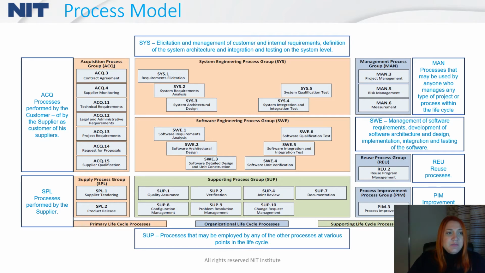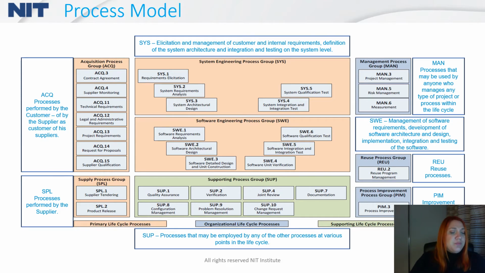In the management process group, you have 3 processes like project management, risk management and measurement. Those processes may be used by anyone who manages any type of project or processes within the life cycle. It is not important that the project should be automotive. It means that those are the basics of project management.